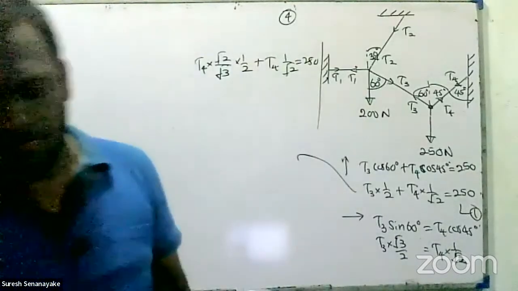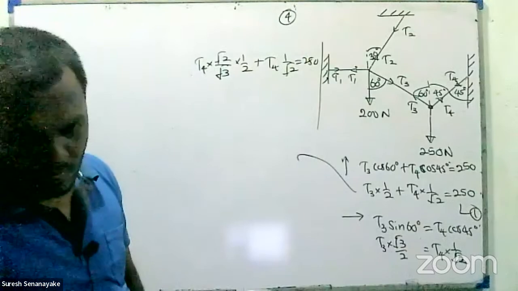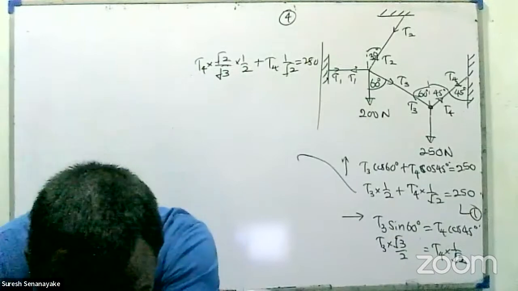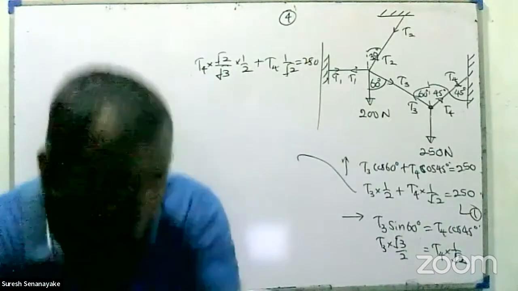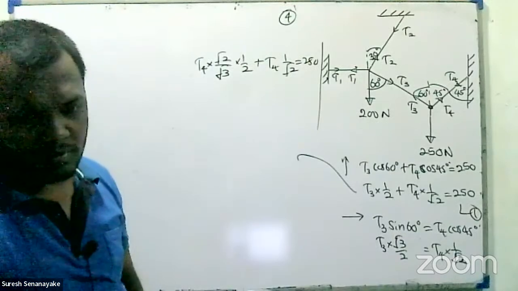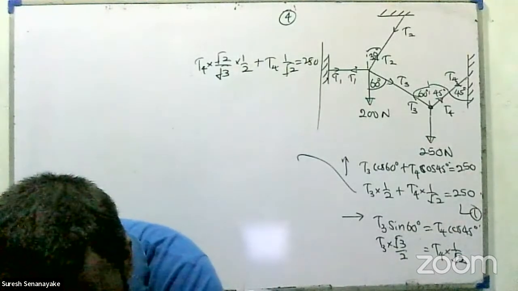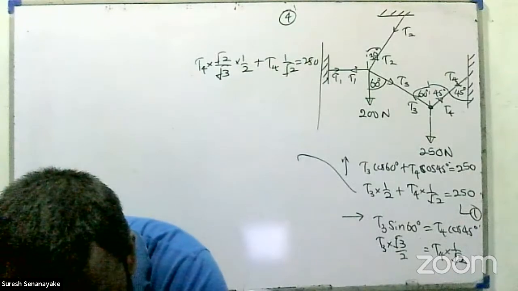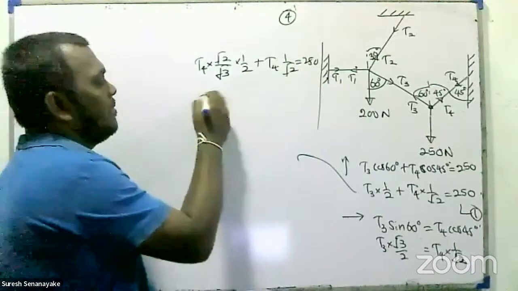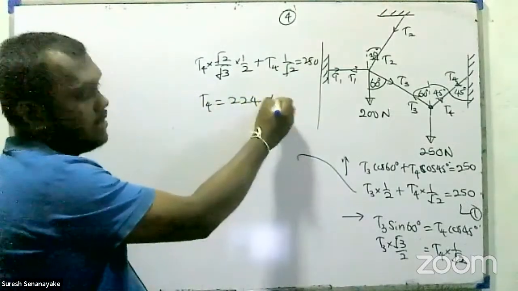So we're going to see how we get T4, 224.4, right?